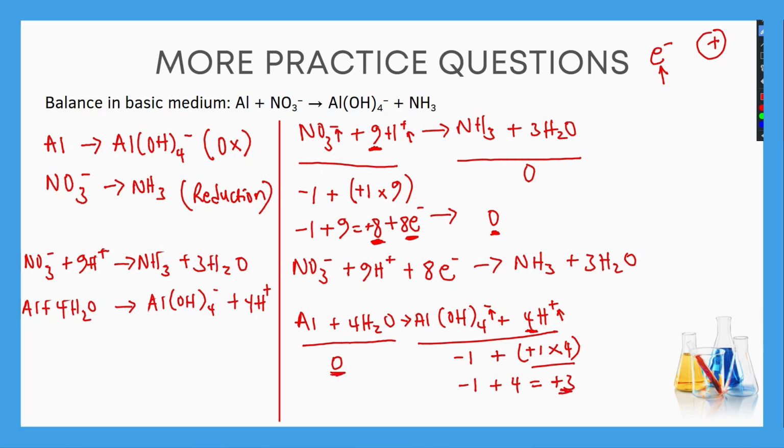That means we need to add 3 electrons to the right hand side to make the charges equal on both sides.